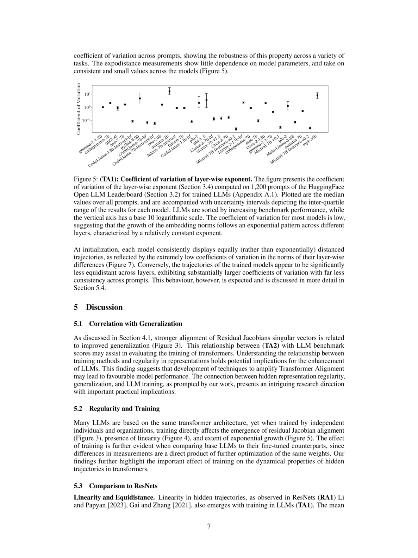Furthermore, the study highlighted the impact of training on the dynamical properties of hidden trajectories in transformers, emphasizing the importance of training in shaping the behavior of LLMs. Overall, the new method provided insights into the mathematical properties of LLM transformers, their connections to generalization, and the effects of training on the dynamical behavior of LLMs.